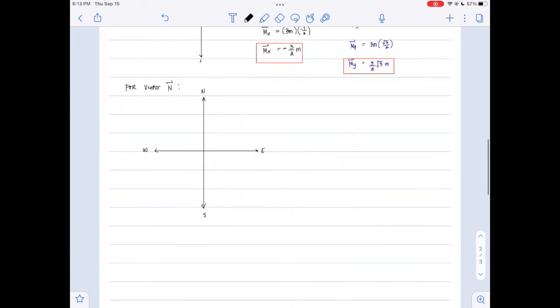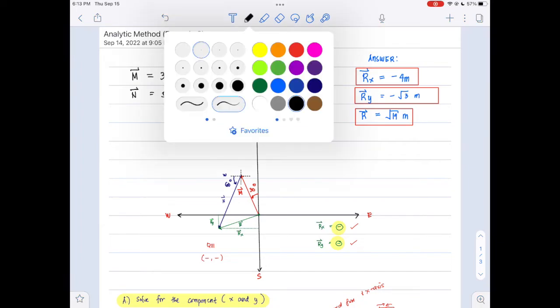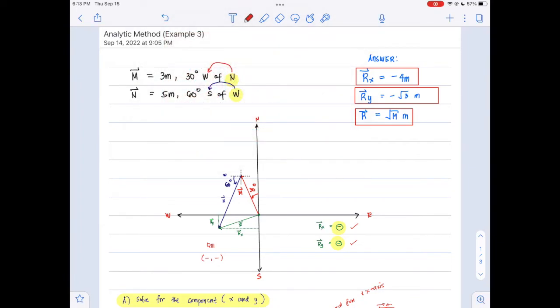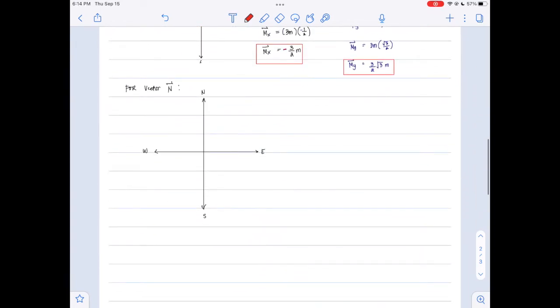So again, let me go back, so there is no excuse for not understanding. The orientation of your protractor, since you will be scaling this one, is from the west. The 0 degrees of your protractor is here, going south. And this one here is your 60 degrees. Okay, this is again your vector n.